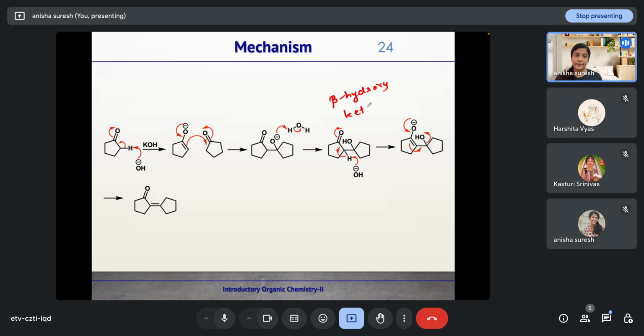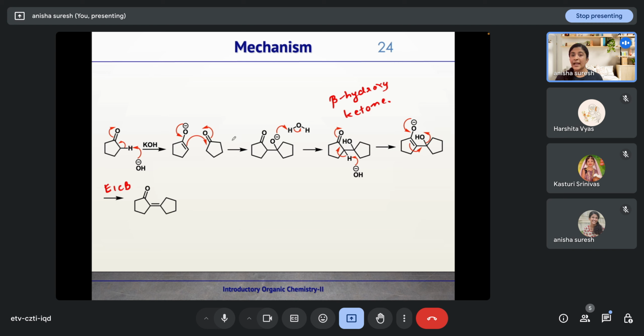So here a beta hydroxy ketone is resulted. So again, there is alpha hydrogen present. So the base, that is KOH, can abstract this alpha hydrogen, leading to formation of the enolate. And once this will fall back, this double bond will shift here, and the OH minus will leave. That is, E1CB sort of mechanism is taking place, and it will lead to formation of this aldol condensation product.